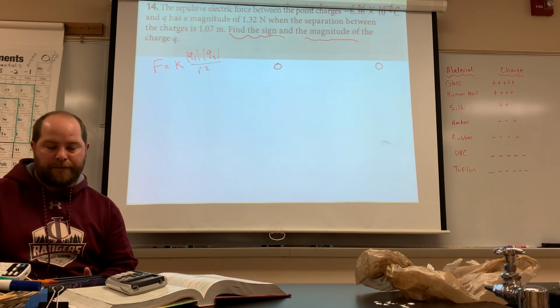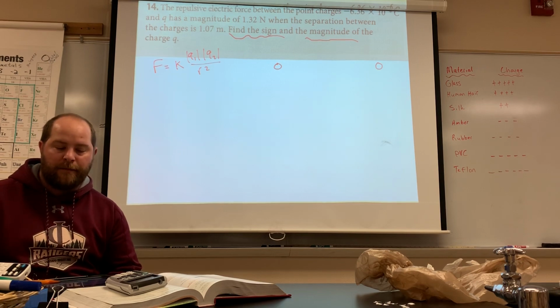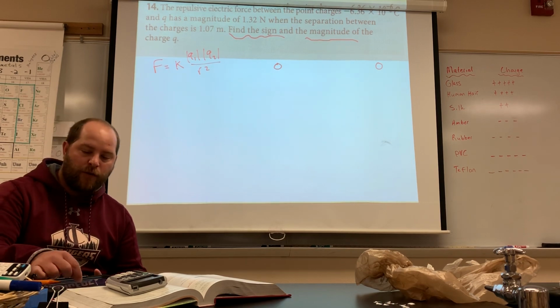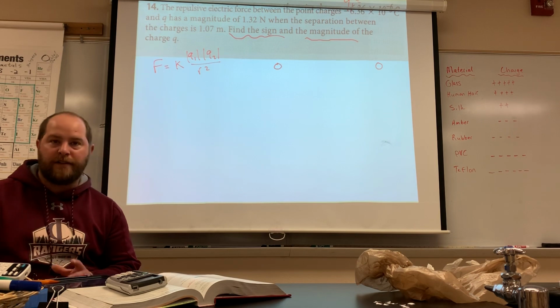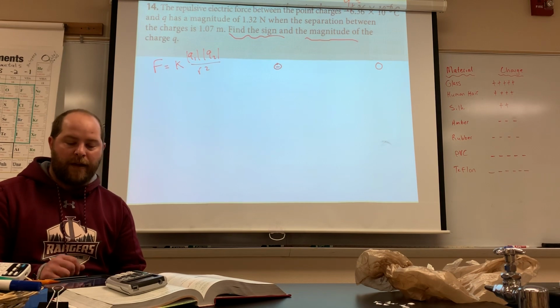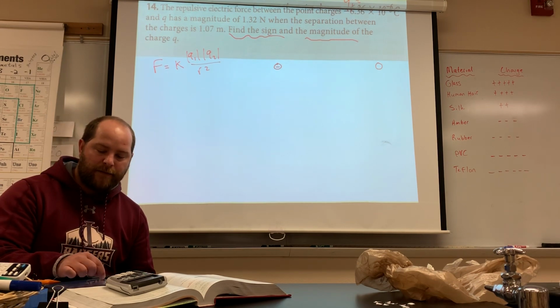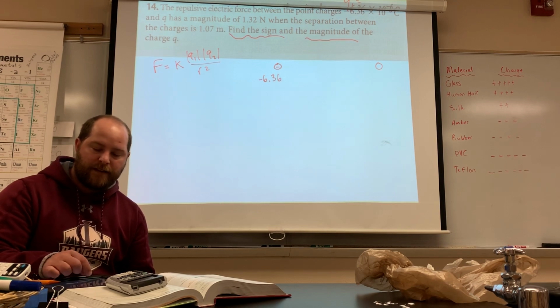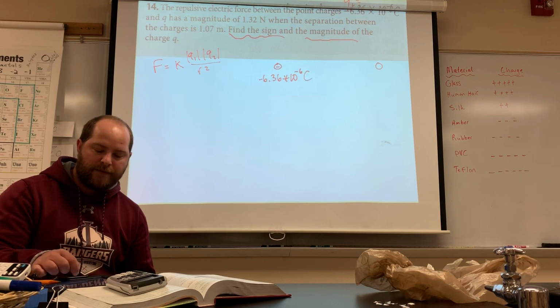Let's call this one Q1. We know Q1 is a negative charge, and we know the magnitude is negative 6.36 times 10 to the negative 6 coulombs.